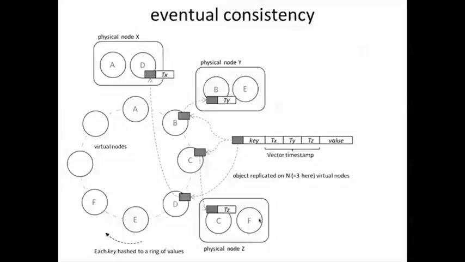The first database to use eventual consistency was Amazon's SimpleDB, where the idea of vector clocks was used to achieve eventual consistency. Other NoSQL databases such as MongoDB also use vector clocks, so this is quite an important concept, and we'll illustrate it through an example.